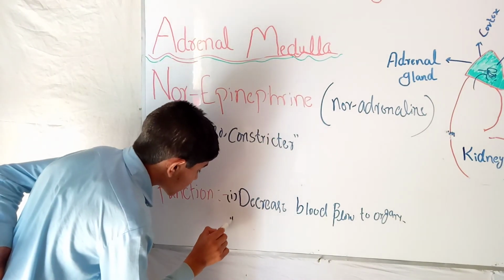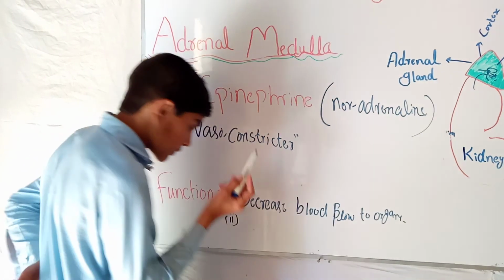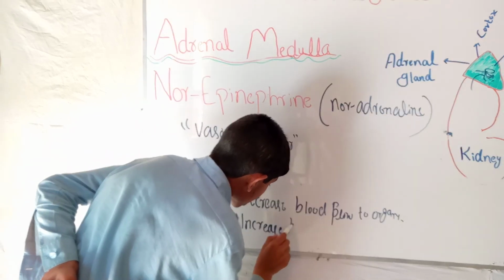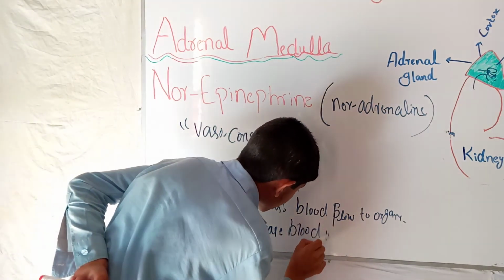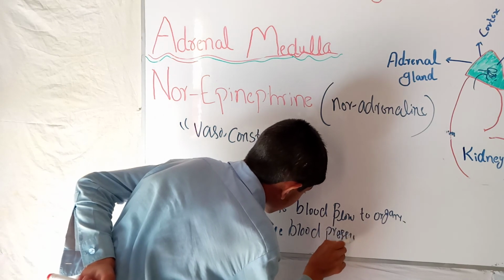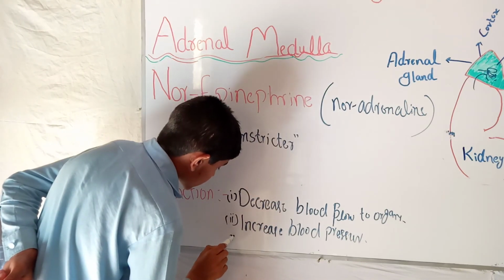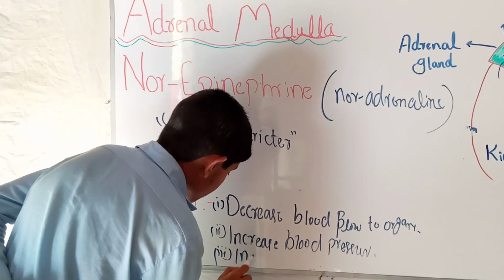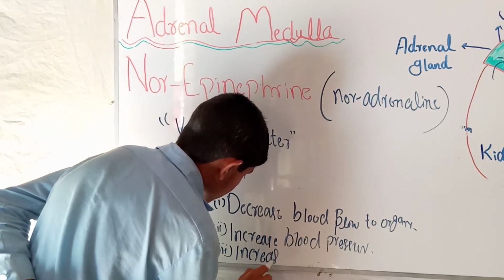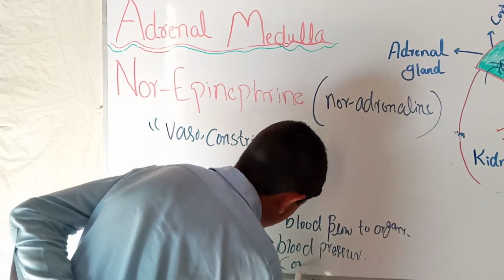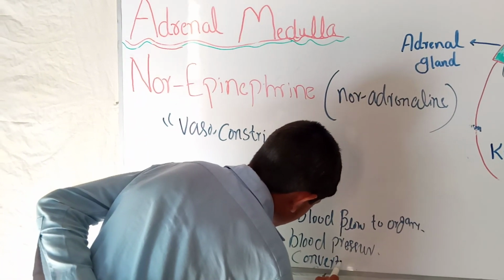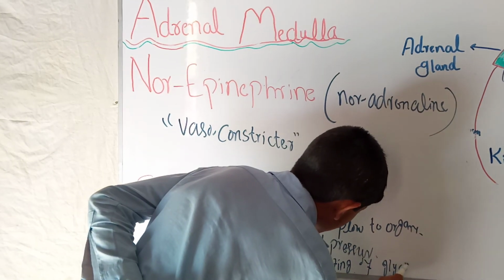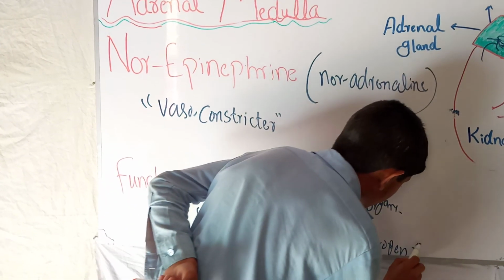Next, it also increases blood pressure, and the third one is increase converting of glycogen to glucose.